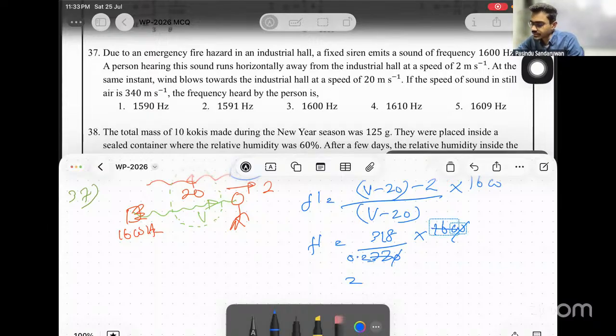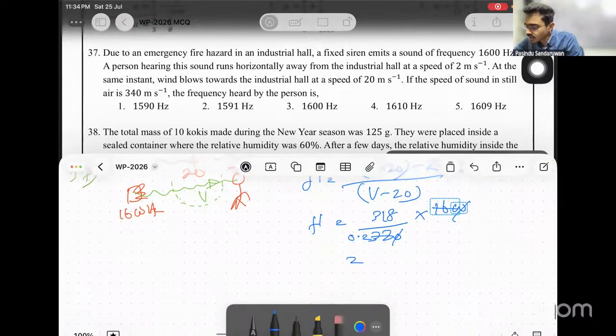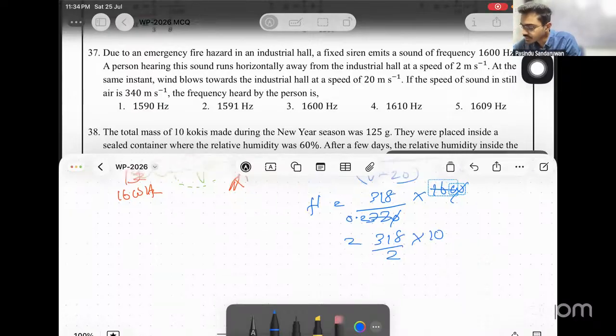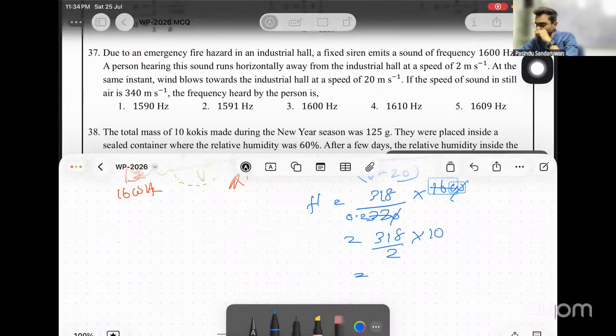Then 318 over 2 into 10, which means 318 over 320 gives 159, then 1590.